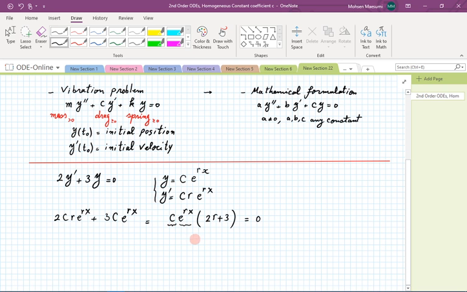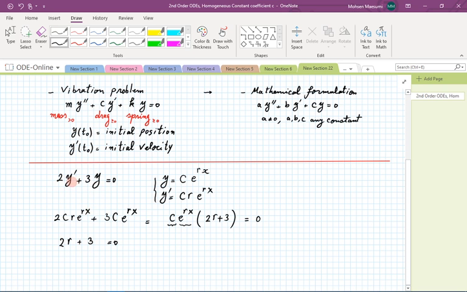Exponential of rx is never 0. Exponential perhaps at infinity becomes 0, but at intermediate values of x, this does not become 0. The only interesting thing we can go after is that 2r plus 3 has to be 0. Notice how this equation just resembles that one.